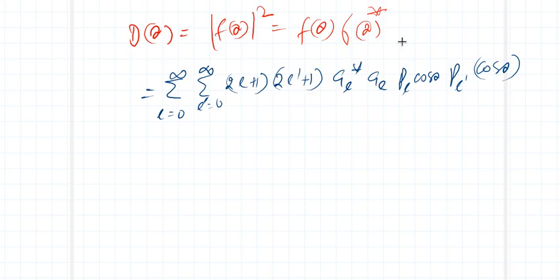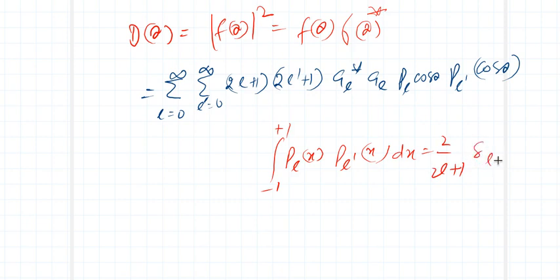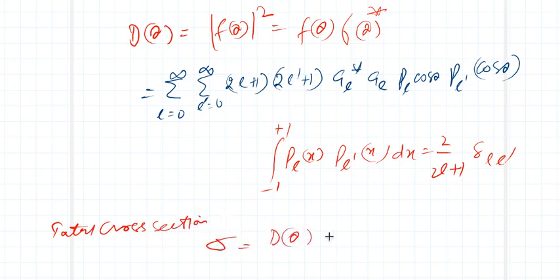And we will use a very simple result, that the integral of PL of x times PL prime of x, I am not going into the detail of this, you can use it directly, is equal to 2 over 2L plus 1 delta L L prime. If I use this, then I can find the total cross section. So the total cross section sigma is the integral of the differential cross section over solid angle.